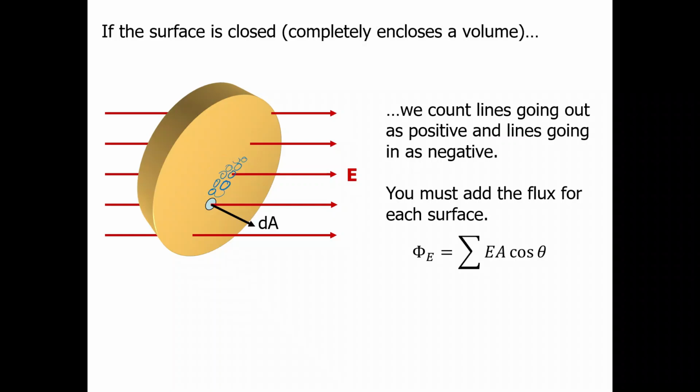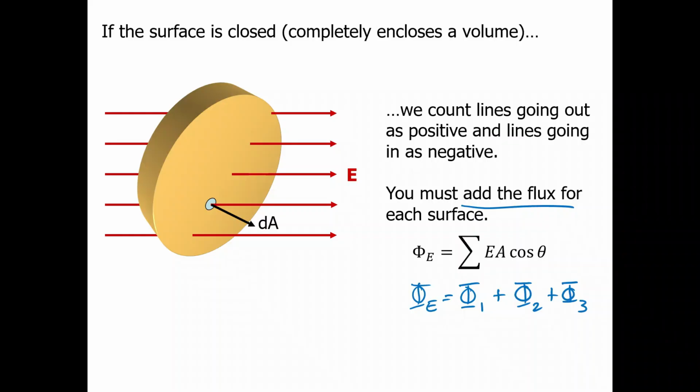You'd add it up. That adding it up is called integration, and you would do that. Well, we can't really do that, and we won't have to for our purposes. But what we do have to do is add the flux for each surface. So my flux here is basically the flux for surface 1 plus the flux for surface 2 plus the flux for surface 3.